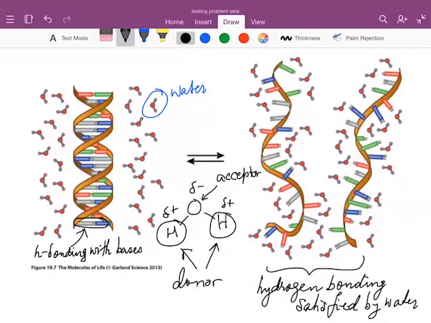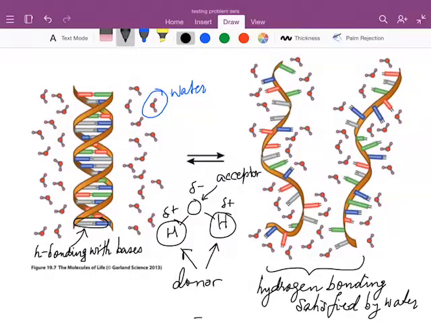So if you think of the energetic balance between the structure on the left-hand side and the structure on the right-hand side, in terms of hydrogen bonds, the energetic balance can be very close to zero. That is, the energy on the right in terms of hydrogen bonding is very similar to the hydrogen bonding energy on the left. You've just replaced one set of hydrogen bonds for the other. And that is why hydrogen bonding alone would not drive the system to go from single-stranded DNA to double-stranded DNA.